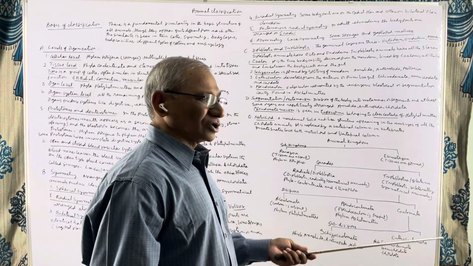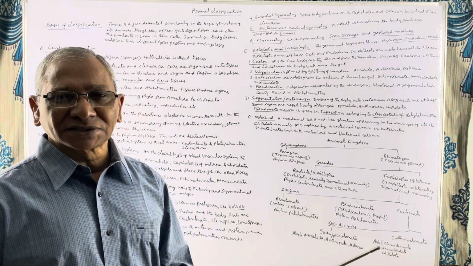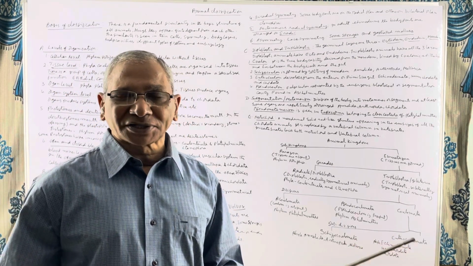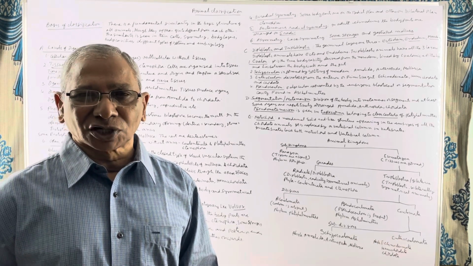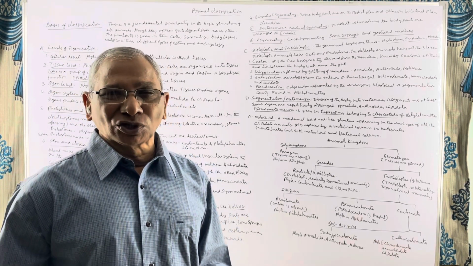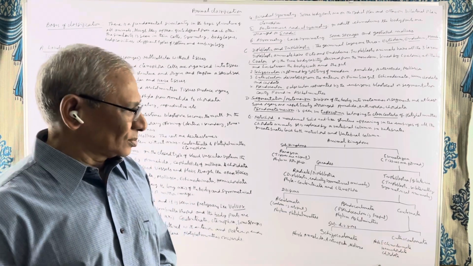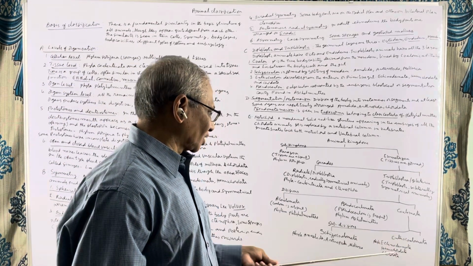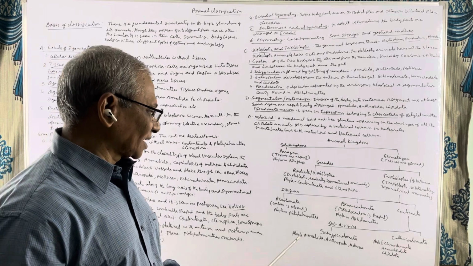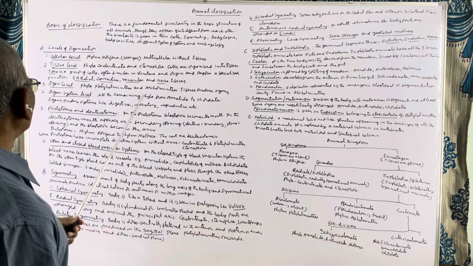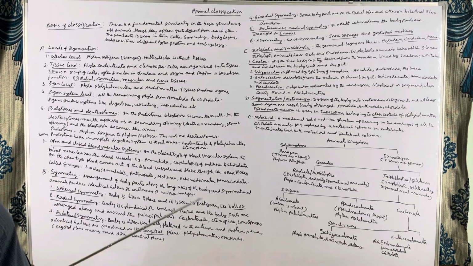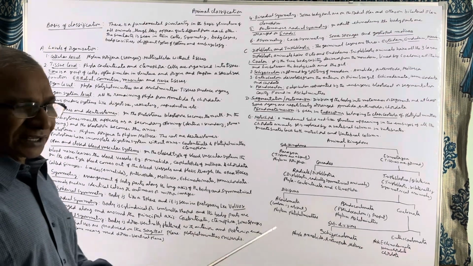In the case of enterocoelomata, the coelom appears in the form of outpocketings from the primitive gut or enteron. That's why it got the name enterocoelomata. Enterocoelom is present in phylum Echinodermata, phylum Hemichordata and Chordata. In this way, we find various levels of organization in the animal kingdom.